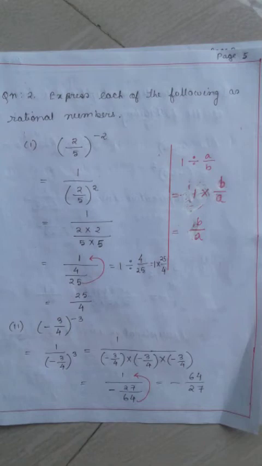It is equal to 1 by 2 by 5 to the power 2, which is 1 by 2 into 2 divided by 5 into 5. So, 1 by 4 by 25. 25 will be the numerator and 4 will be the denominator. So, our answer is 25 by 4.